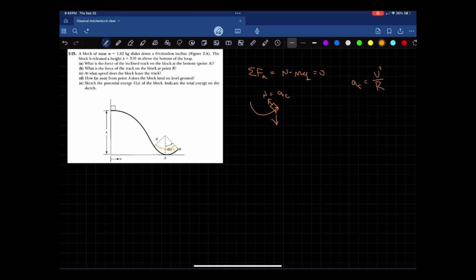it's actually in reference to this angle right here, the angle between the normal force and the force of gravity. Kind of like how Dr. Basurto was talking about when things apply torque, there's no torque applied if the direction vectors are in the same line.